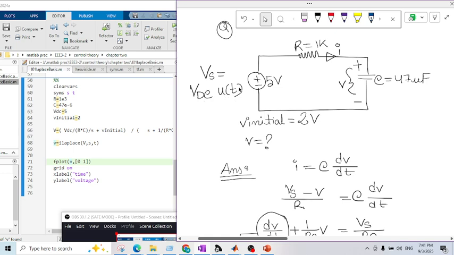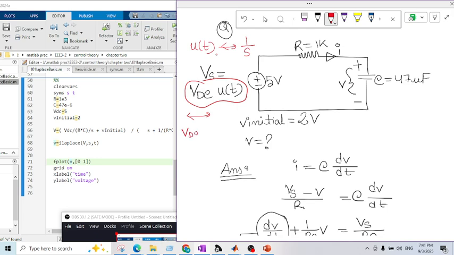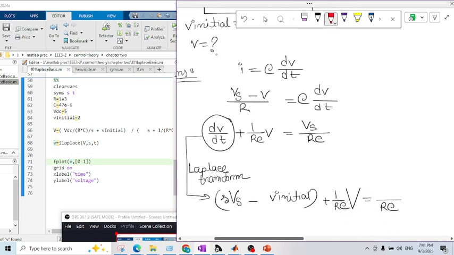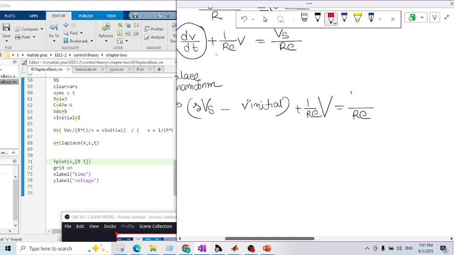And we know that the Laplace transform of u(t) is equal to 1 by s. So the Laplace transform of this thing will be equal to VDC times 1 by s. Well, so let's do this here, VDC 1 by s.